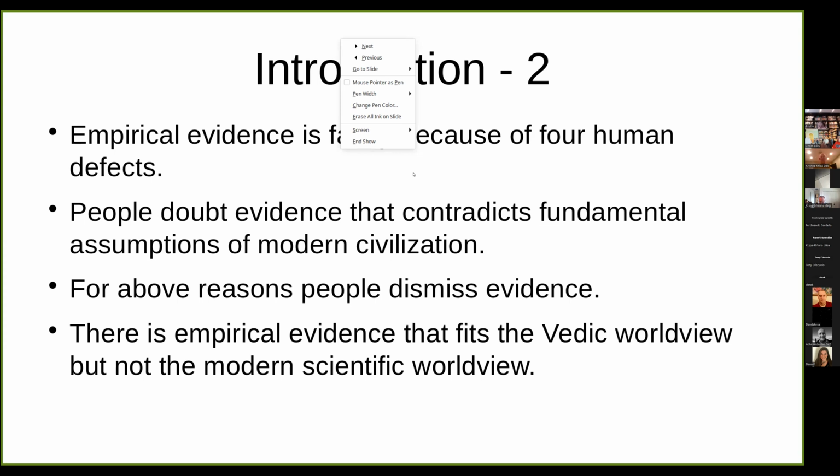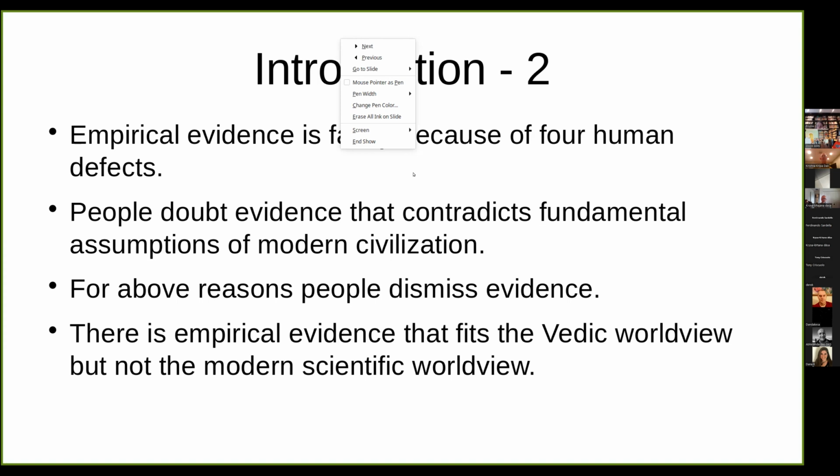And then other people have difficulty with this evidence because it contradicts fundamental assumptions of modern civilization. Like consciousness is a product of matter, and only things that we can perceive with our senses actually exist, and there can't be other things beyond what we can perceive.